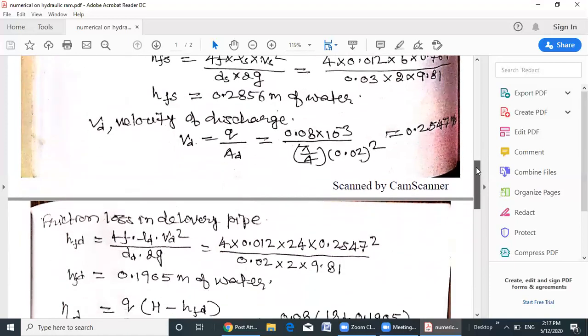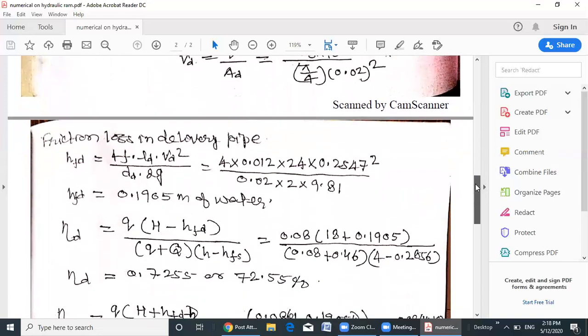Now we will calculate in case of delivery. Vd is here velocity in delivery pipe. Velocity of discharge, we will calculate Vd equal to small q over A suffix small d. If we put and calculate, it will come out 0.2547 meter per second.